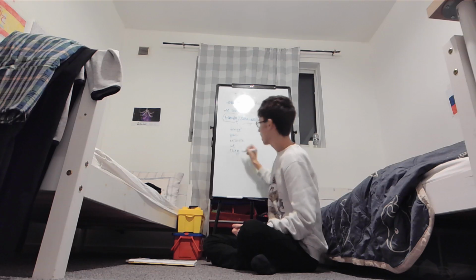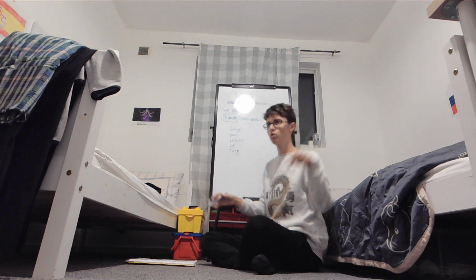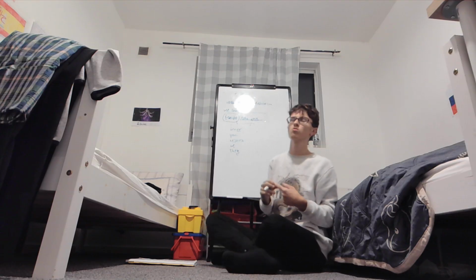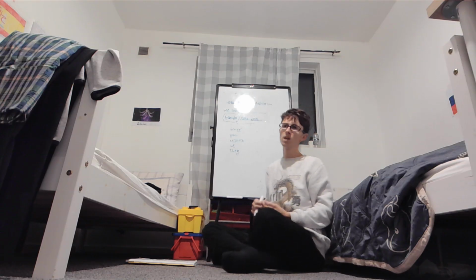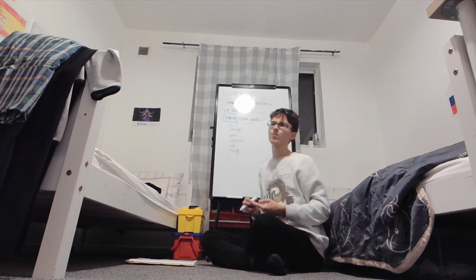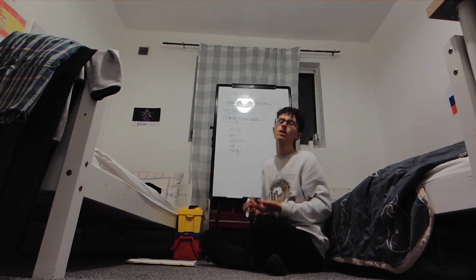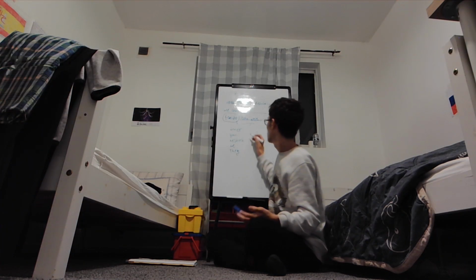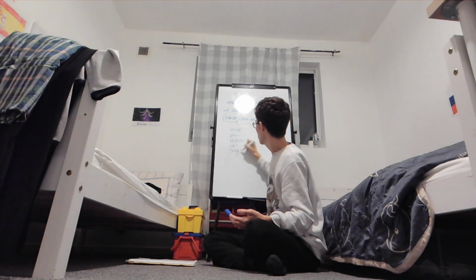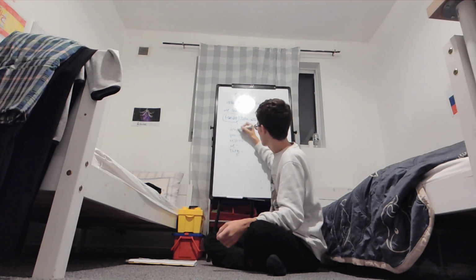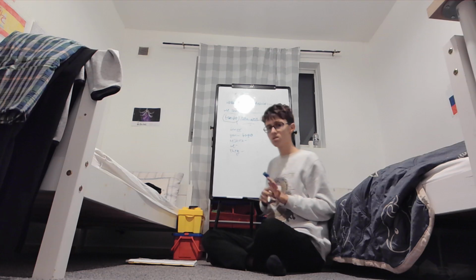For now, the you-all form isn't really important, but if you're trying to say you all something, whatever verb you add, it can be useful as well. So for tener, the I form is tengo.